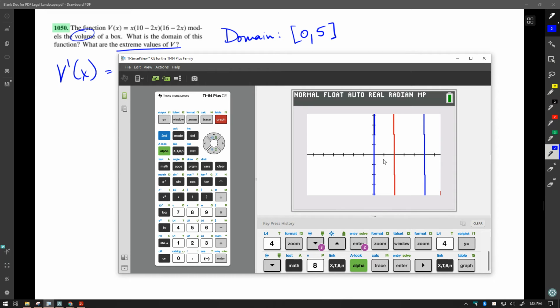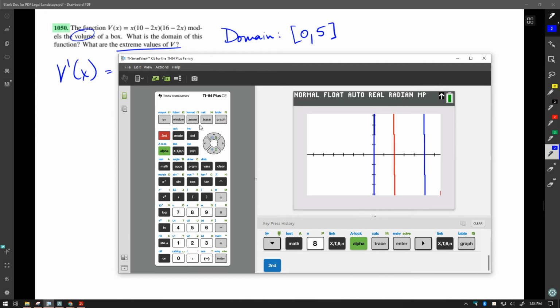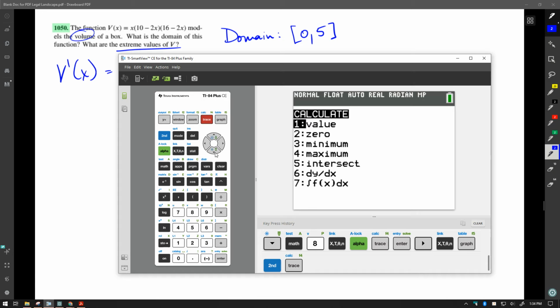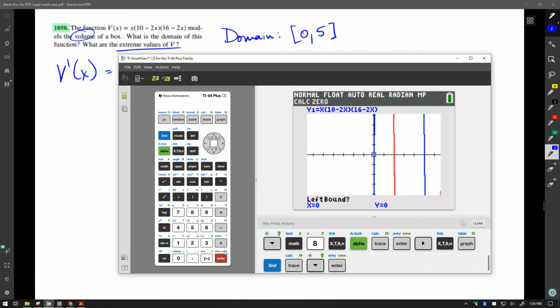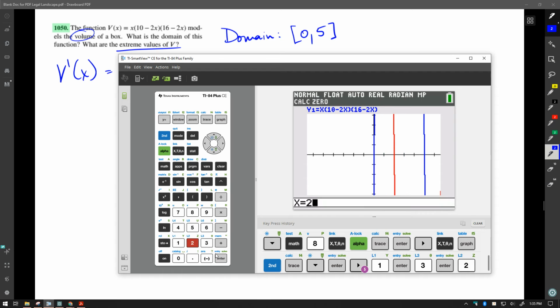Okay, so the derivative is 0 it looks like right at x equals 2. Just to be sure, we can hit second and then calc and calculate the zero of this function. Let's see, calculate left bound, how about 1? And right bound, how about 3? And our guess, I'm going to say 2.